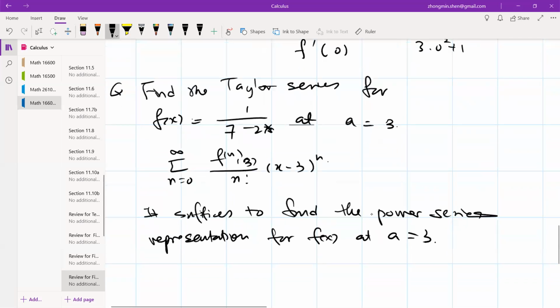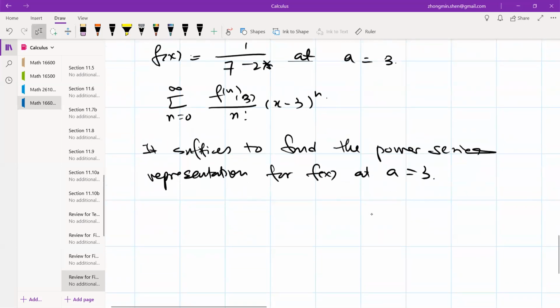So let's do this. You want to express it in this form. Let u be x minus 3. So then x is going to be u plus 3. Be careful about the confusion.